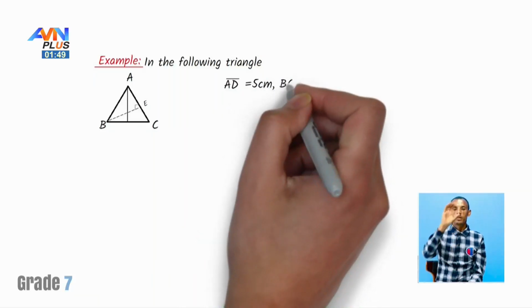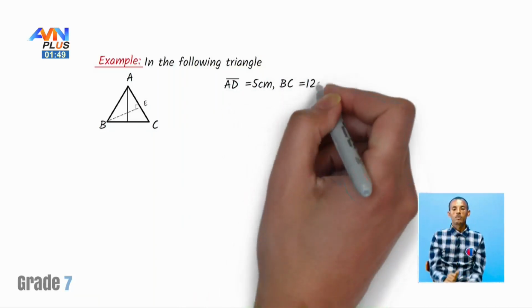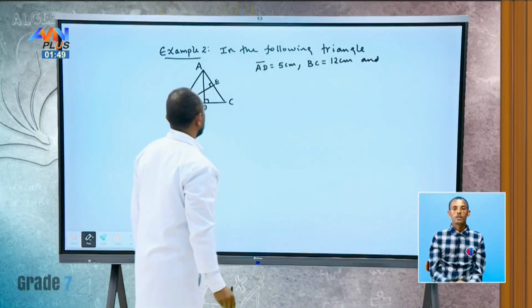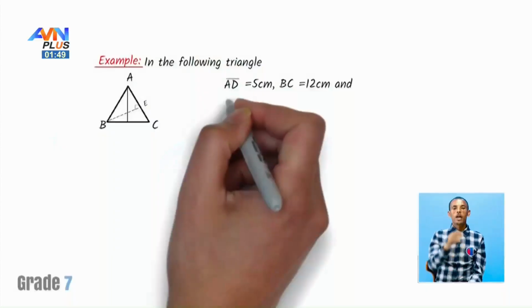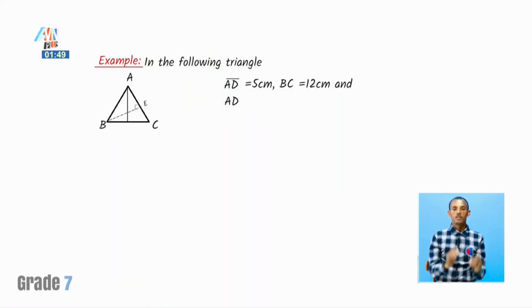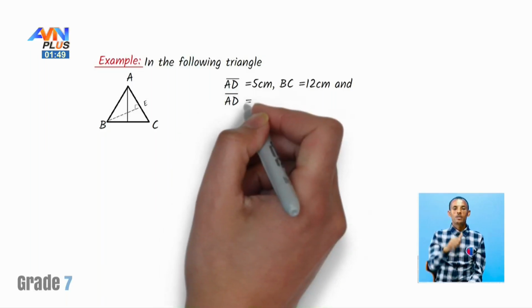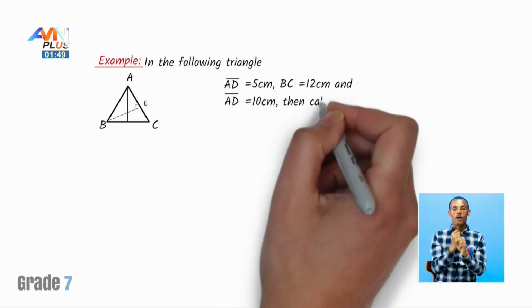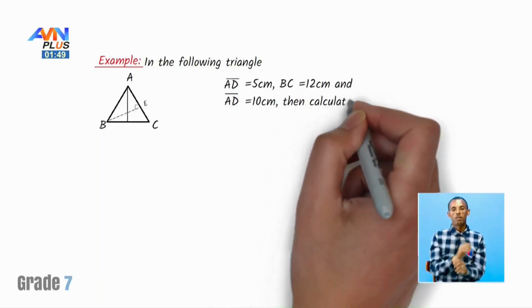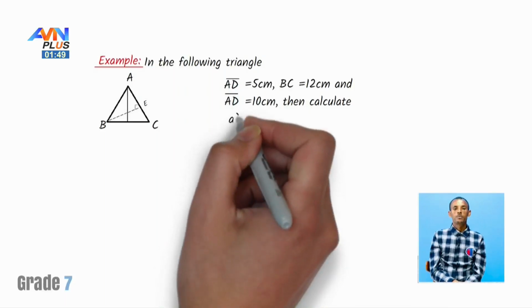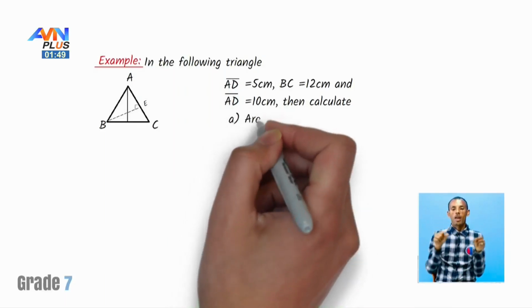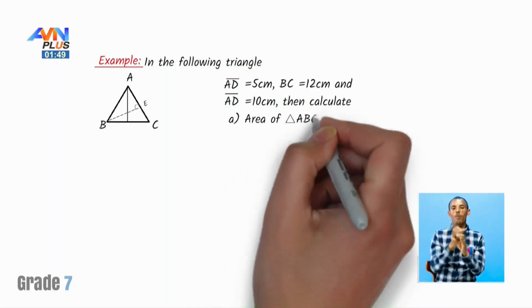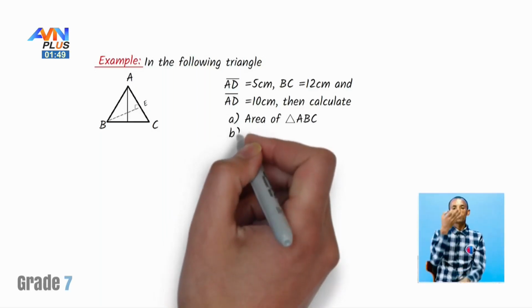BC is equal to 12 centimeter. And AC is equal to 10 centimeter. Then calculate the area of triangle ABC, and calculate the length of BE.